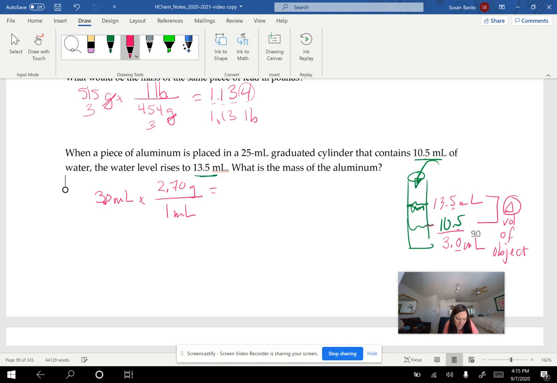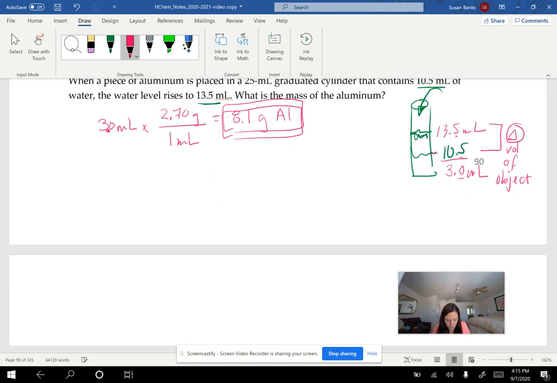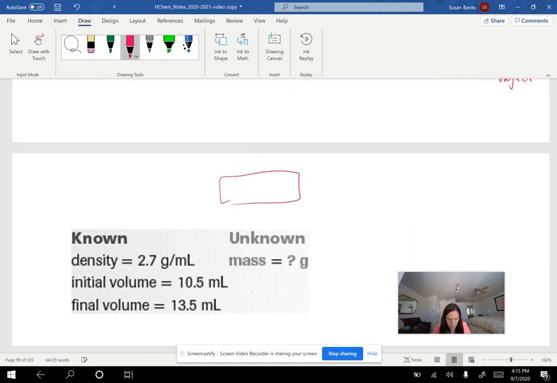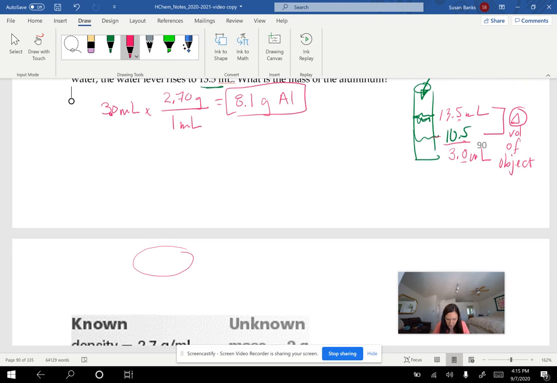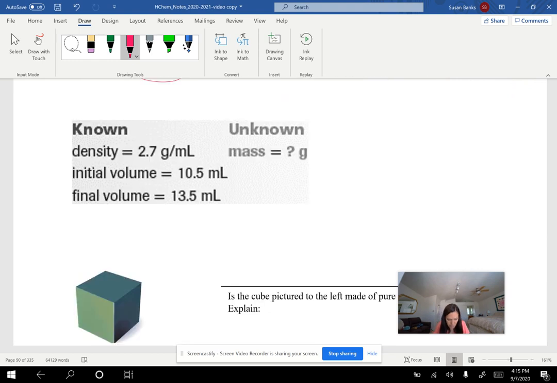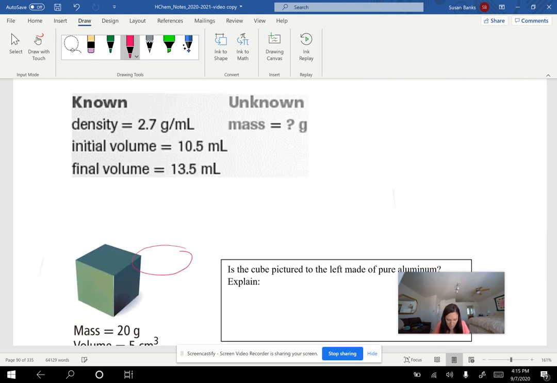So if I multiply 3 by 2.7, I will get 8.1 grams of aluminum in that block. I could very easily put it on a balance and verify that for sure. Okay, so yep, density of aluminum is 2.7 grams per mL. We said that the mass would be about 8.1. So we already worked through that.